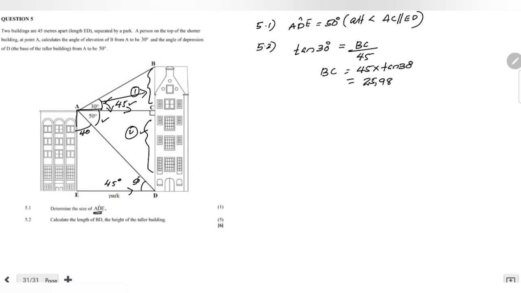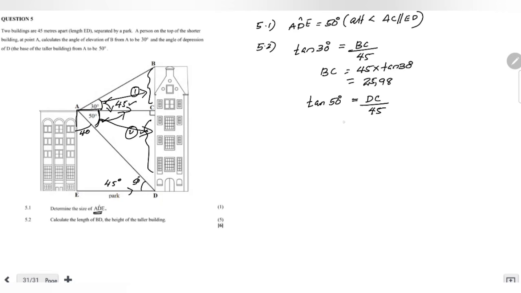25.98. Is it clear? Similarly, when I go to the second right angle triangle, the acute angle is 50. Which side is there? Adjacent is there. I have to find opposite. Still tan. Tan 50 in the second right angle triangle is equal to opposite DC, by definition of tan, opposite DC over adjacent 45, isn't it?